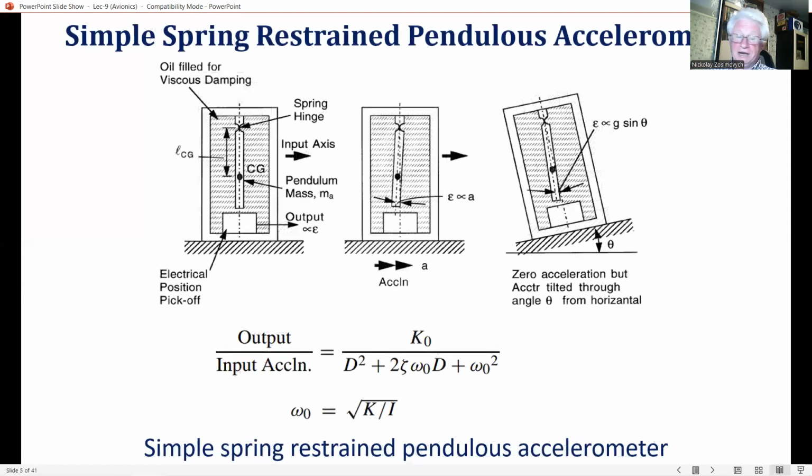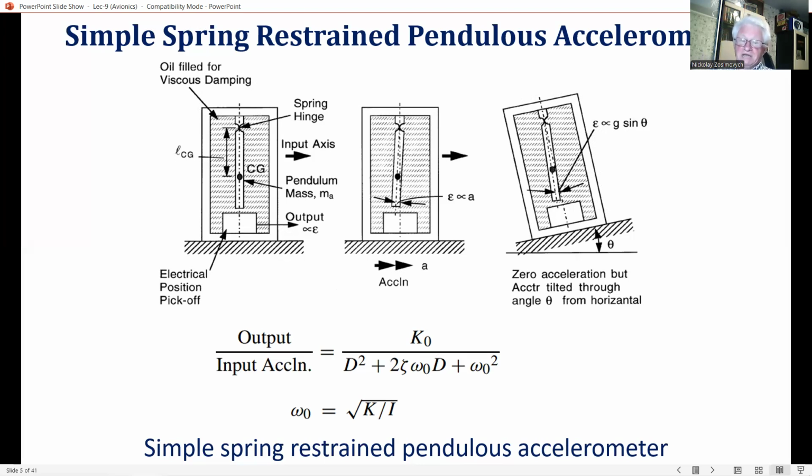A simple spring restrained pendulous accelerometer is shown schematically in this slide. It comprises an unbalanced pendulous mass, which is restrained by a spring hinge so that it can only move in one direction, that is, along the input axis.